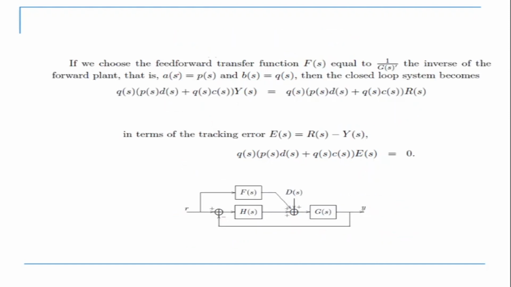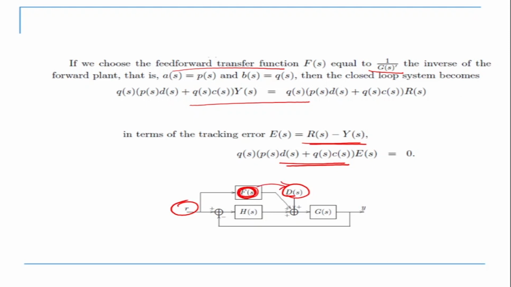Now, if you choose the feed-forward transfer function such that it is equal to 1 by GS dash, then the inverse of the plant is given by this, and the error becomes equal to this, and we can show that the error becomes equal to 0. So in this case with the feed-forward controller, although there are two inputs, one here and another there, because we are able to compute the dynamics accurately here, I can take care of this disturbance that is coming.